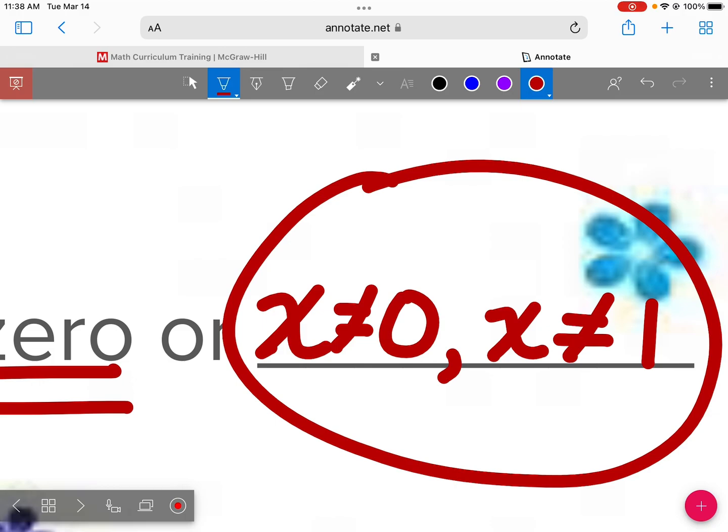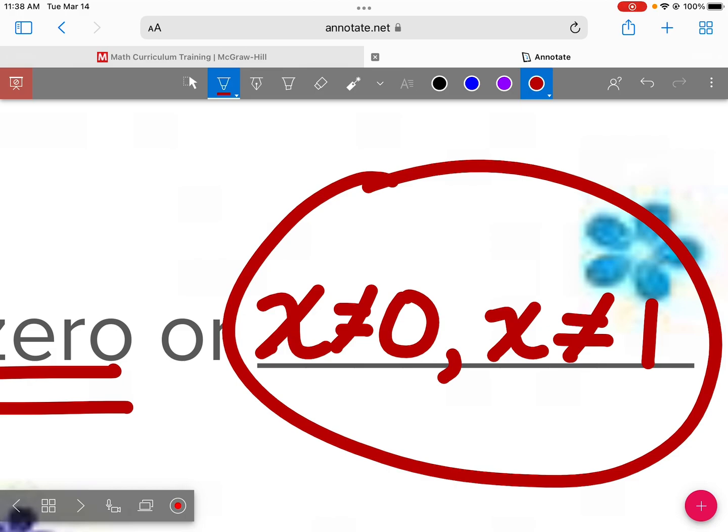Do you guys see the check problem right below this one? I want you guys to factor that numerator on your own. On the check problem right below example number 1, I want you guys to factor the numerator, factor the top, just like we did the top here.